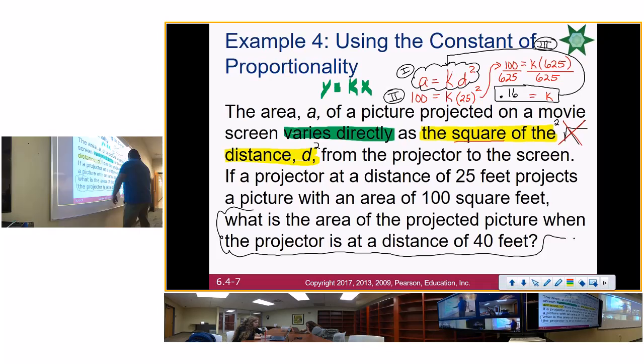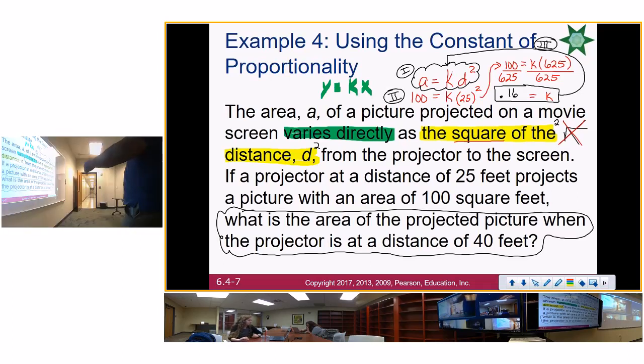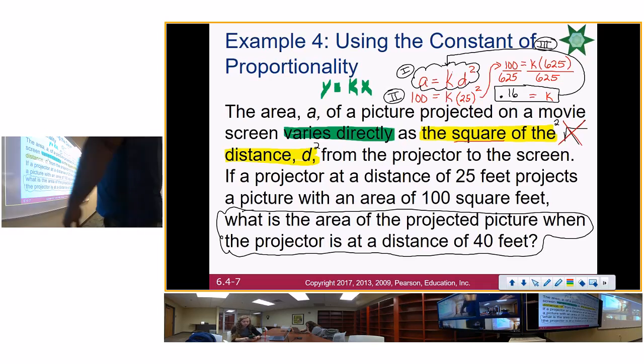So I want you to finish this problem out. You've got A is equal to KD squared. And then they ask, what is the area, what is A, of the projection screen when the projector is at a distance of 40 feet?